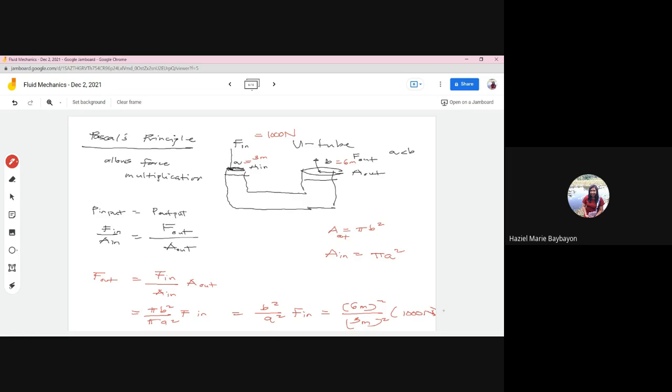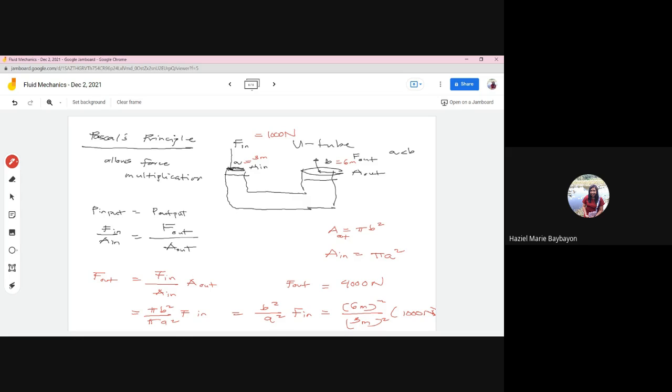So what is this? 36 divided by 9 is 4. 6 squared divided by 3 squared is 4, times 1,000. So your F out for this setup is equal to 4,000 newtons.